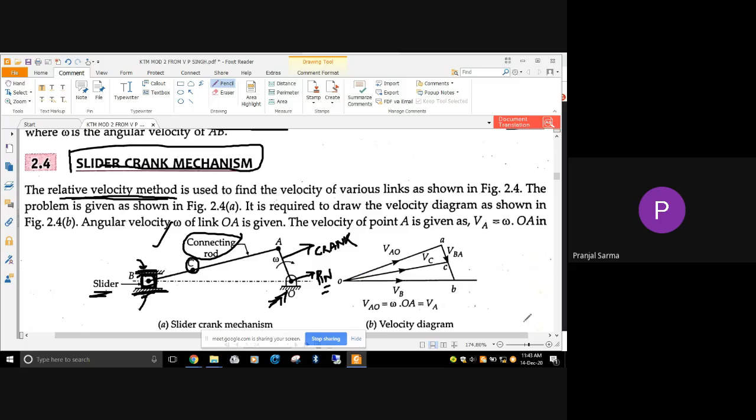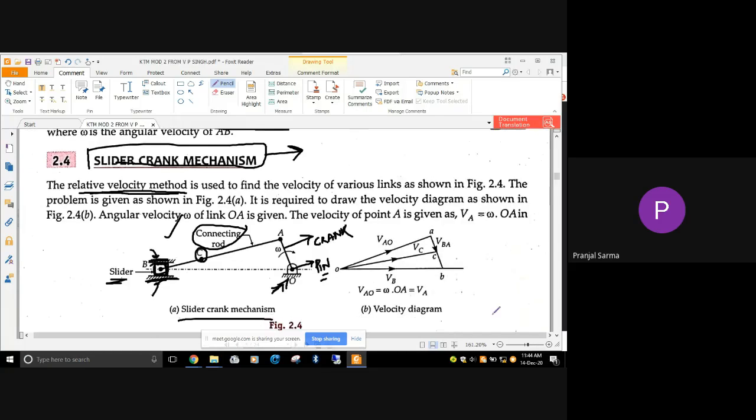Now our intention is to use the relative velocity method to analyze this particular slider crank mechanism, with the velocity vector diagram. In the previous classes, if you recall, I told you that after velocity analysis I will go for acceleration analysis.